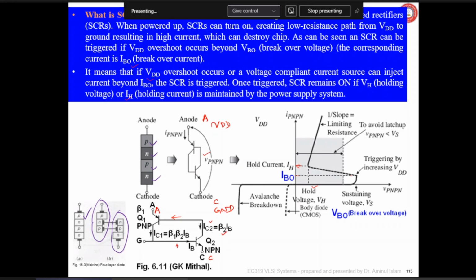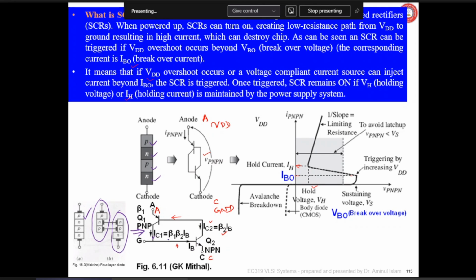And if you draw the corresponding diagram, you see that one is a PNP transistor and another one is an NPN transistor. And you see that the collector of one is driving the base of another one: the collector of the top one driving the base of the bottom one.